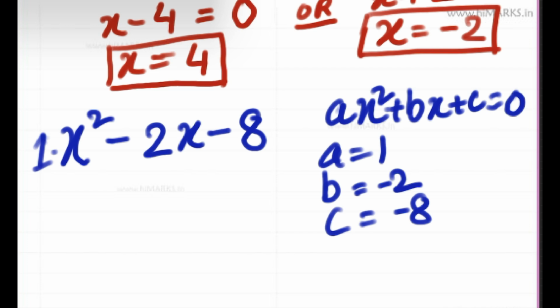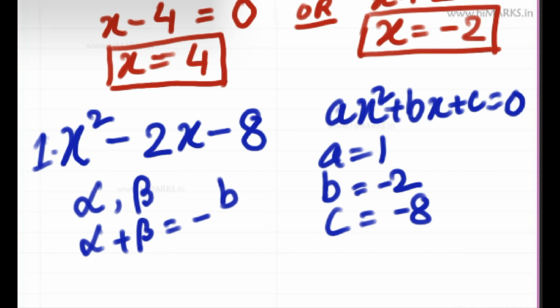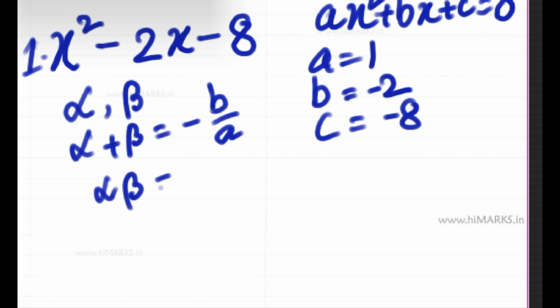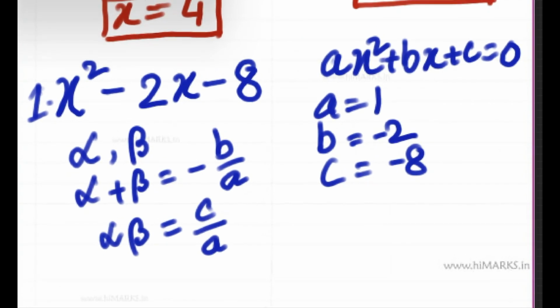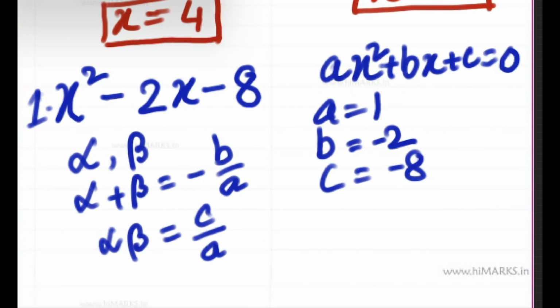Now zeros and these coefficients have a relation. If the zeros are alpha and beta, then alpha plus beta equals minus b by a, and alpha into beta is c by a. Our alpha and beta are 4 and minus 2.